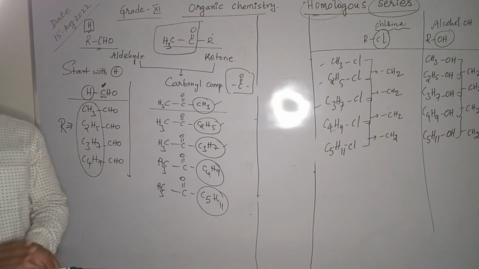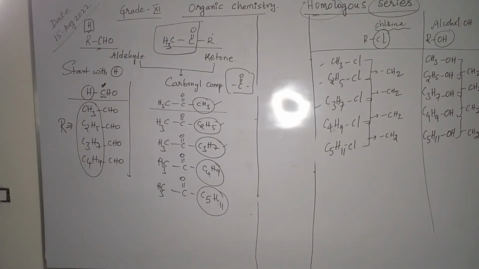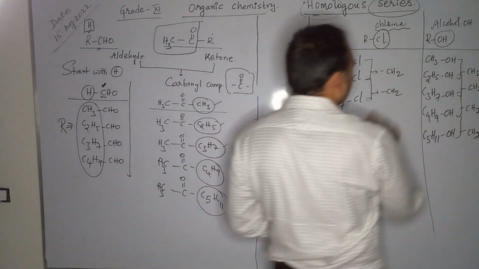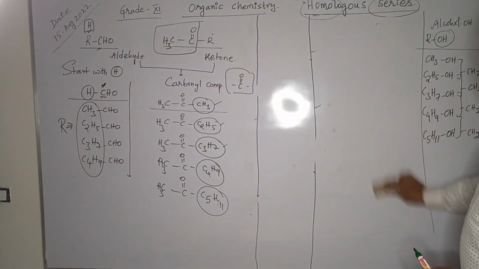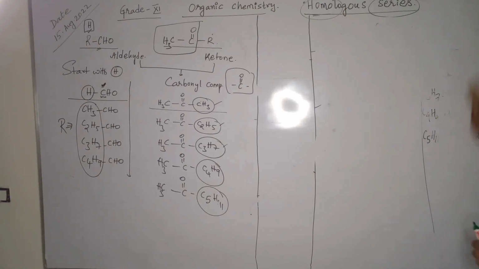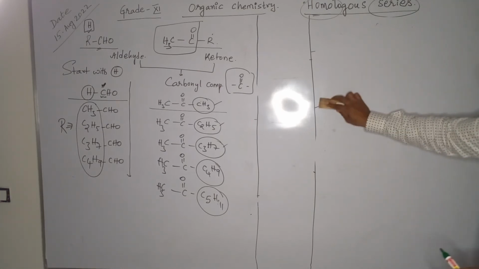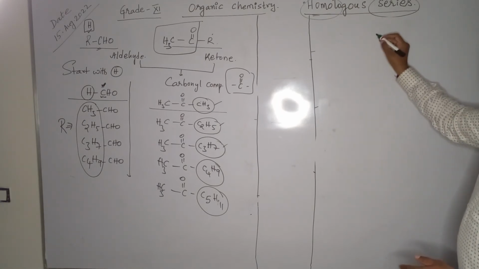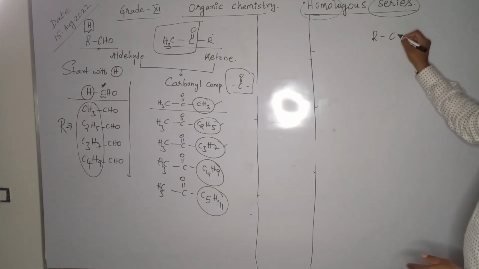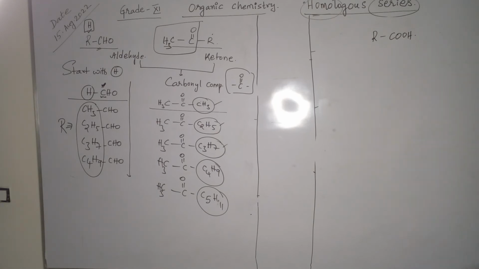One last one, that is carboxylic acid. Let me complete that. In the case of carboxylic acid, you know the functional group is COOH. R dash COOH will be there. Already carbon is there, so we cannot write like this.